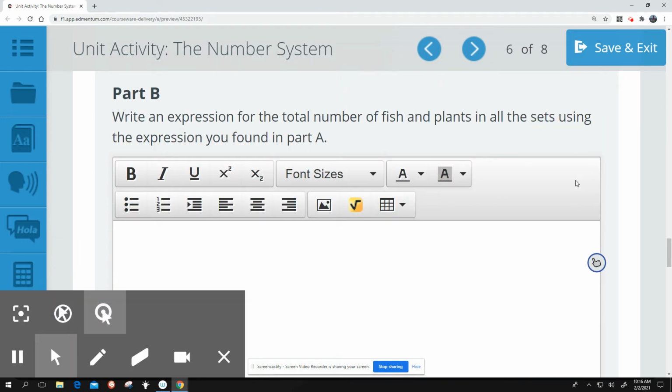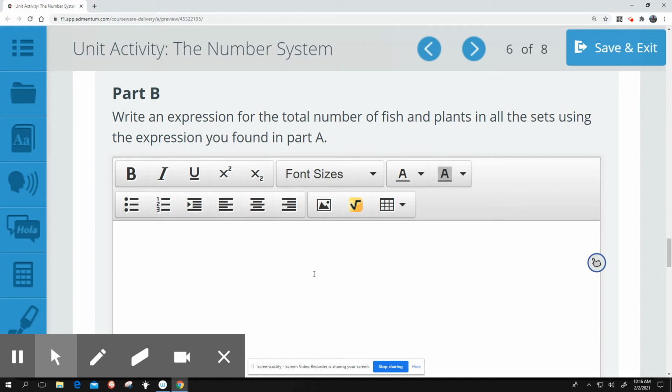Using the expression you found in part A. So we have the expression in part A where we had 4 fish plus 3 plants. How can we show the total number of fish and plants? Jackson, what's your idea? Write the total number of fish and the total number of plants.